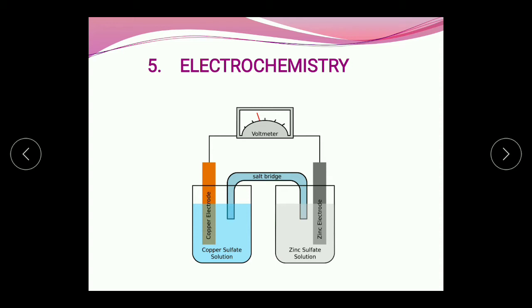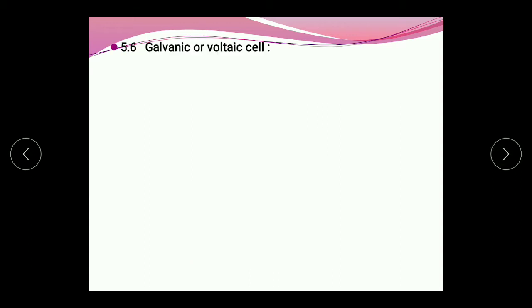Now, today we are going to learn about the second type of cell, that is galvanic or voltaic cell, because the first type of cell, the electrolytic cell or the process of electrolysis, we just finished in the previous session. As far as board exams are concerned, all three, electrolysis of aqueous NaCl, electrolysis of molten NaCl and quantitative aspects, are very important.